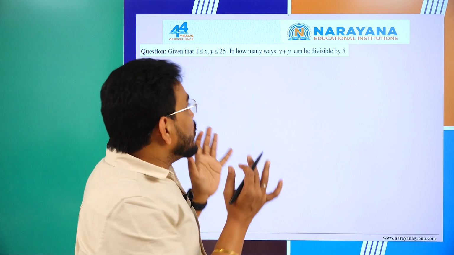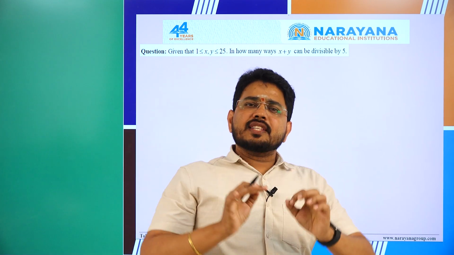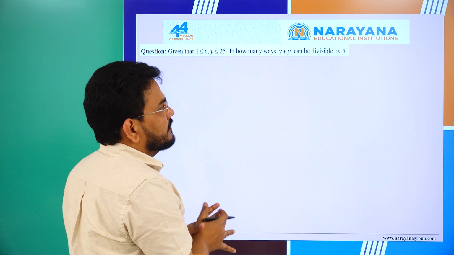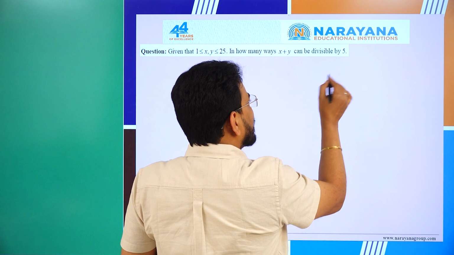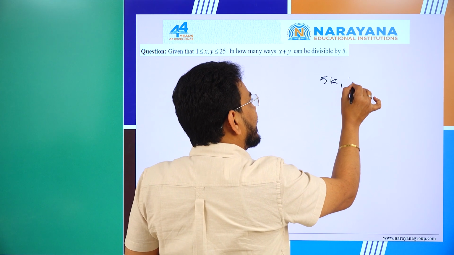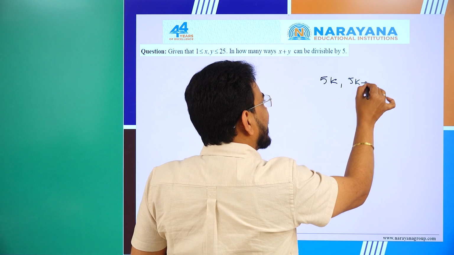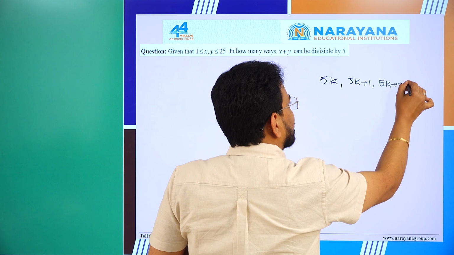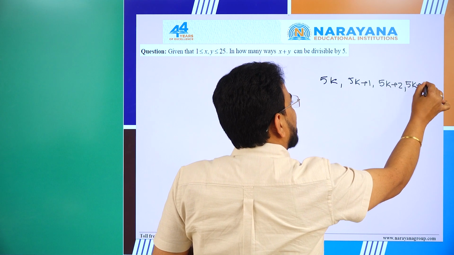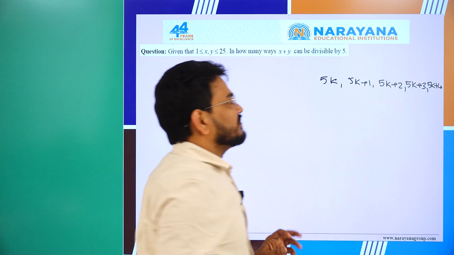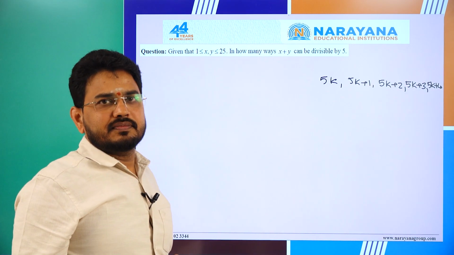Okay, so you need to take x and y such that the sum is divisible by 5. Whenever divisibility comes, you make groups. So the numbers from 1 to 25 will be in the form of 5k, 5k plus 1, 5k plus 2, 5k plus 3 and 5k plus 4. 5 groups.